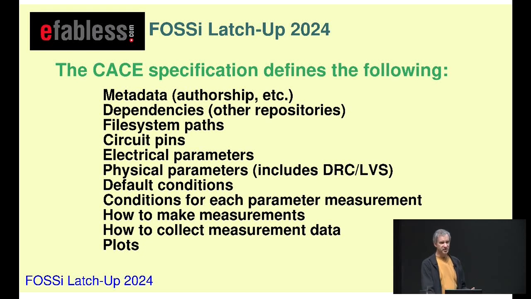Then there are default conditions that describe what the conditions are when you don't say otherwise. And then for each of those electrical parameters, you have to have conditions for each of the parameter measurements. And then a section that describes what simulation tool you use, how you do the simulation, and how you collect the data, how you make the measurements. And then there's a section on how to do plots.